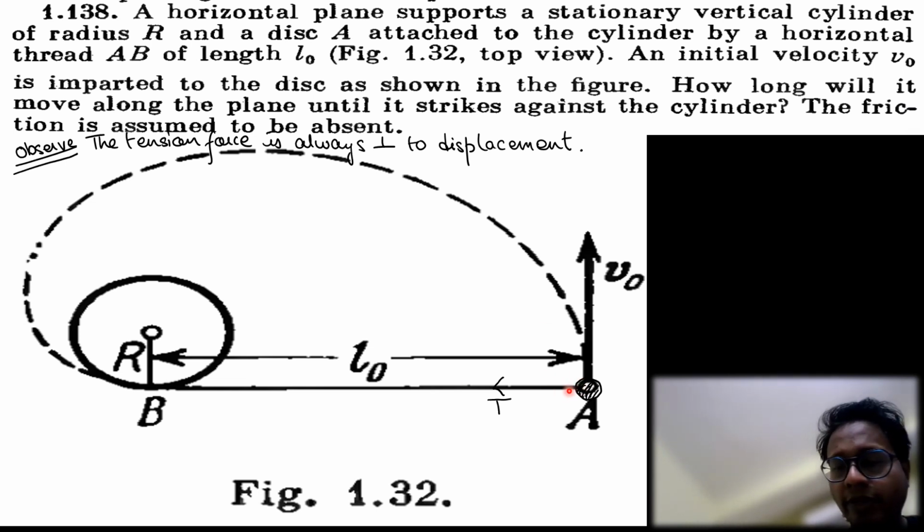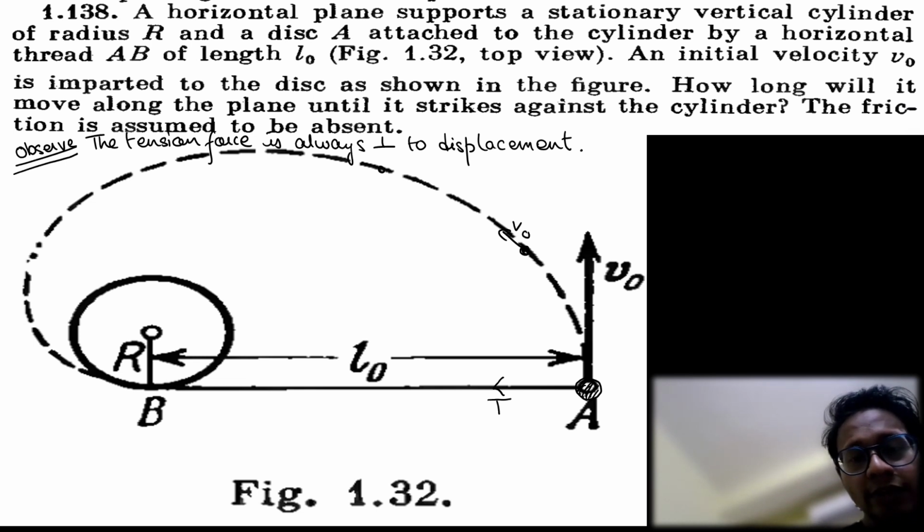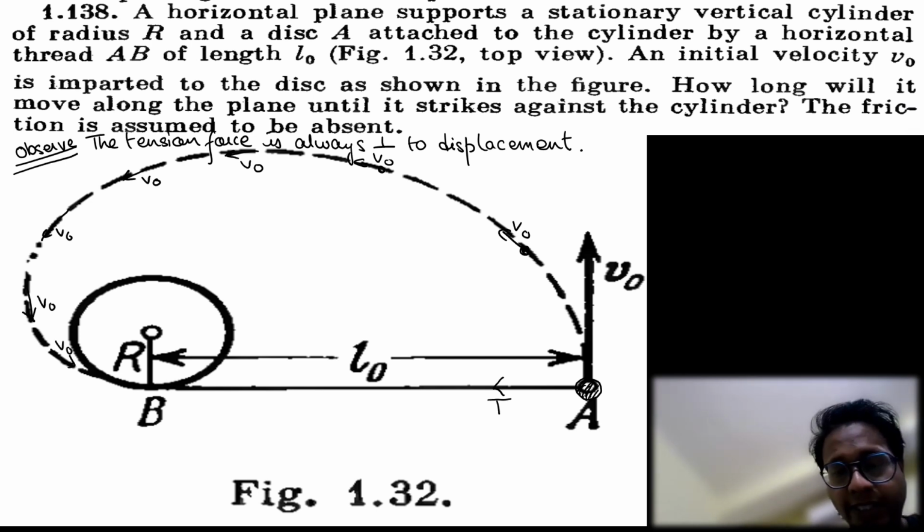So if the work done by tension force is equal to 0, the kinetic energy of this particle won't be changing. Understood? So throughout this entire motion, the particle will have the same velocity v naught, because no force is doing any work.